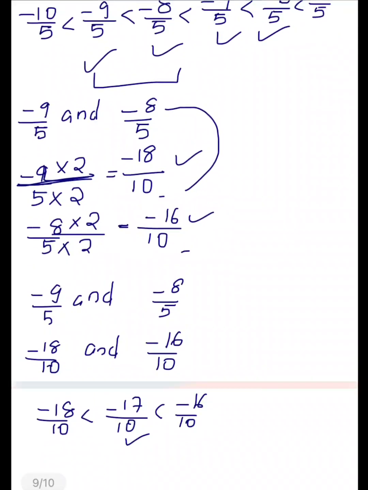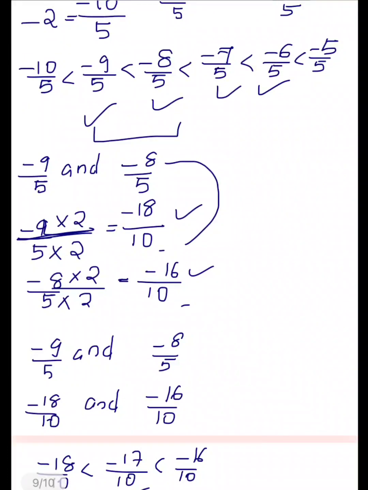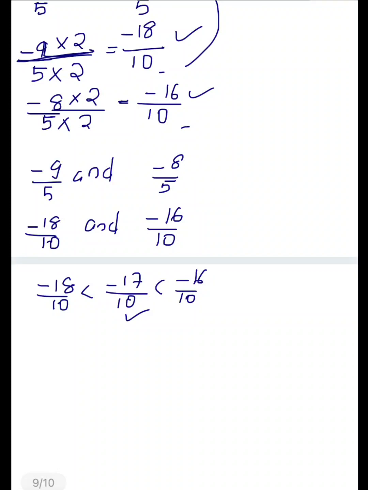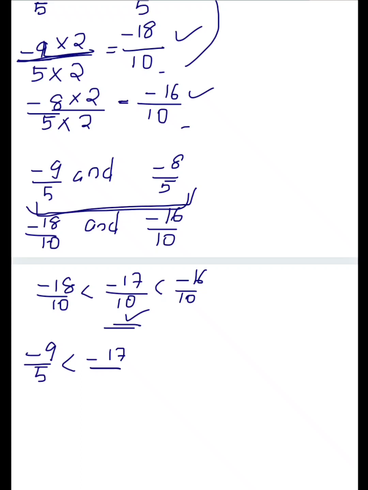That is, what is the first one? The first one is this one, that is minus 9 by 5. Okay, so let's write it. Minus 9 by 5. Now in between minus 9 by 5 and minus 8 by 5, what is that? Minus 17 by 10. Now less than, what is next?